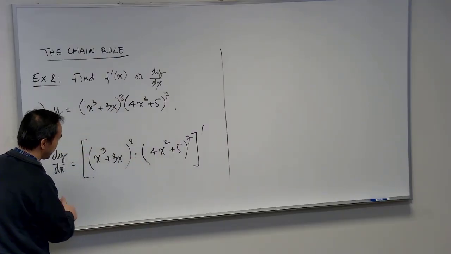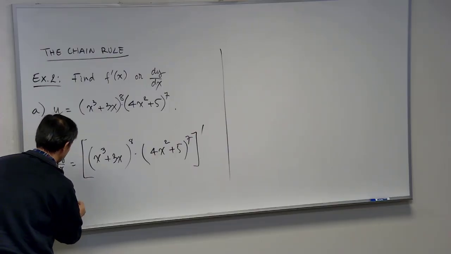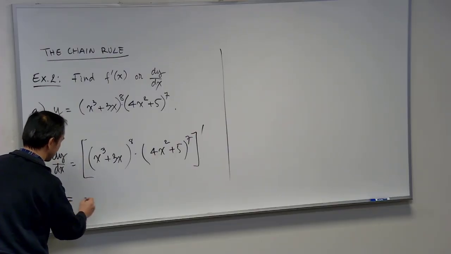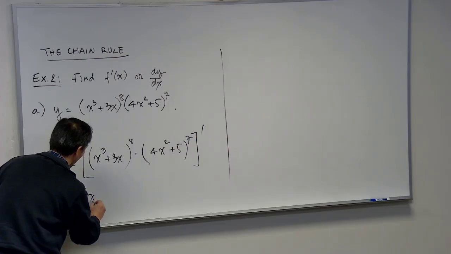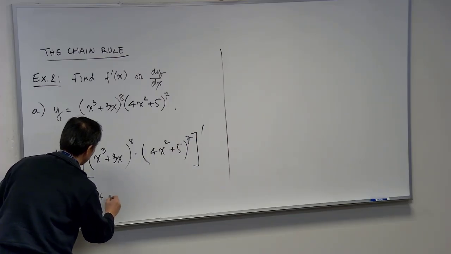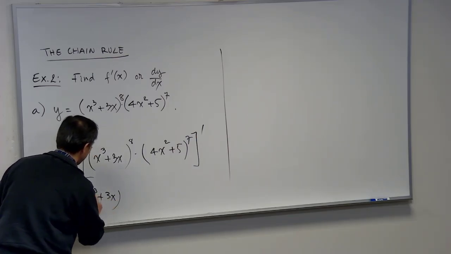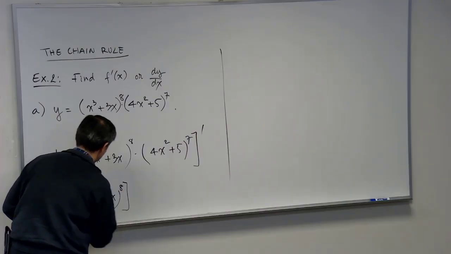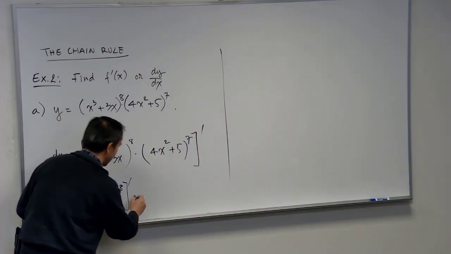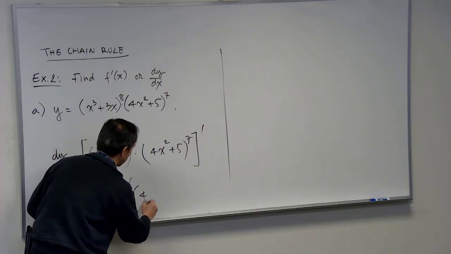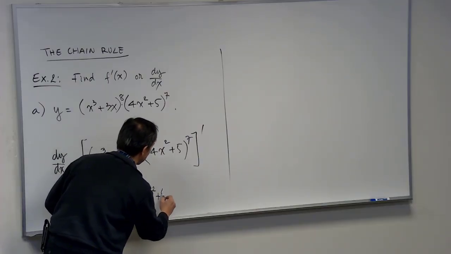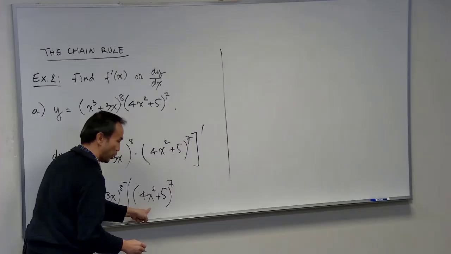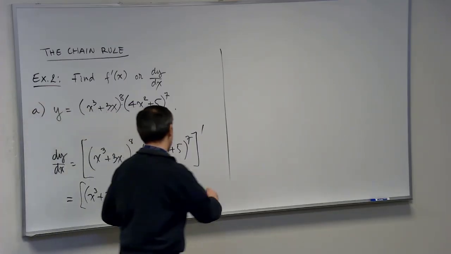And so the product rule says we can take a separate derivative of that x cubed plus 3x all to the 8th power, that's the prime of that. We multiply with the other part in the product, 4x squared plus 5 to the 7th, with no prime. Okay, and then we're going to add it.